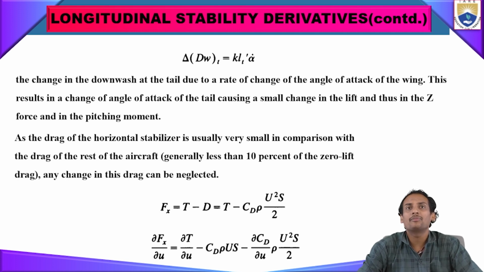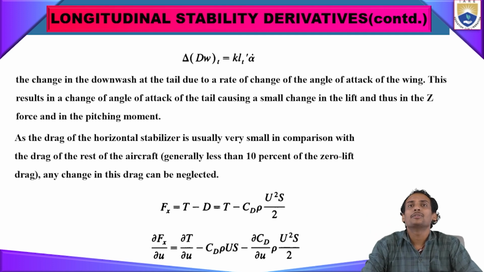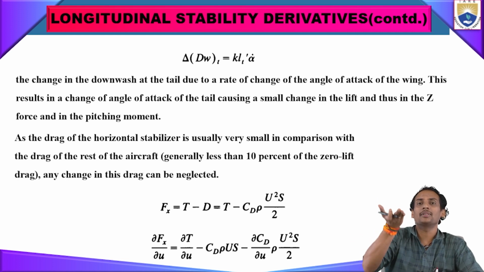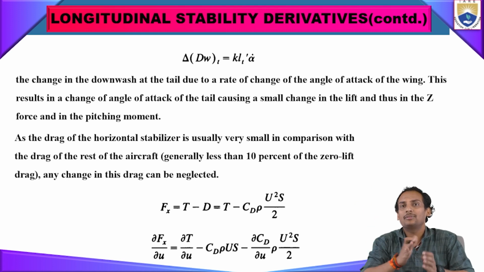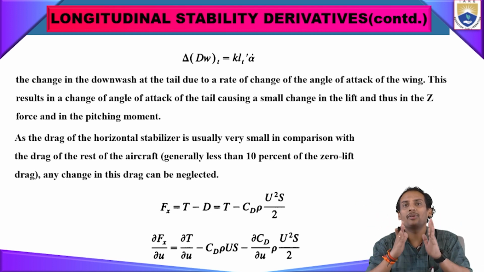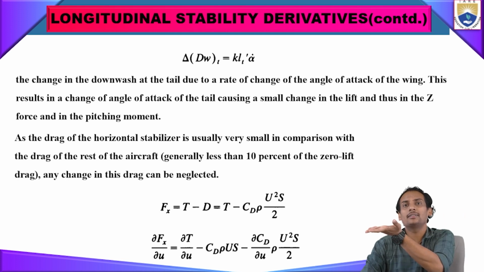Thus the jet force and the pitching moment will also change. Because of the angle of attack change due to the downwash component, the downward forces will also change. Now take the linear axis forces.